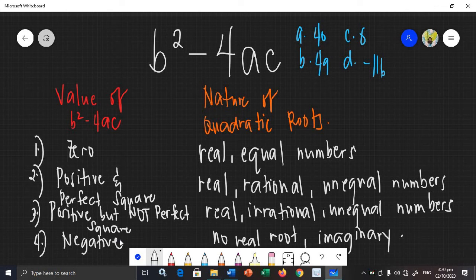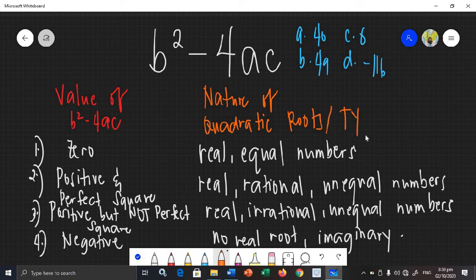There is no real solution in this equation because ang lalabas dyan sa solution set mo ay imaginary number. Without solving the quadratic roots, we now know na, okay, ganito pala yung mangyayari, ganito pala yung lalabas na roots ko, ganito pala yung type ng solution na mangyayari sa akin.